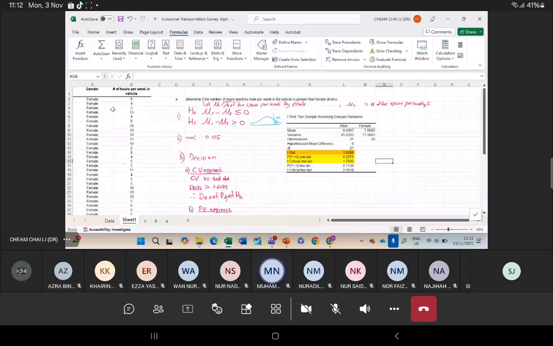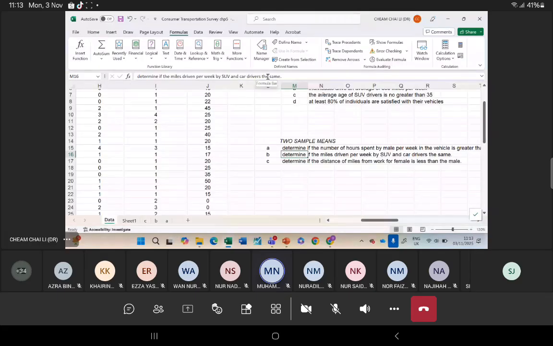It is supposed to be different. Determine if the miles driven per week by the SUV and the car drivers are different, right? So we can put this in the alternative hypothesis. Okay, so I change this to: determine if the miles driven per week by SUV and the car drivers are different.